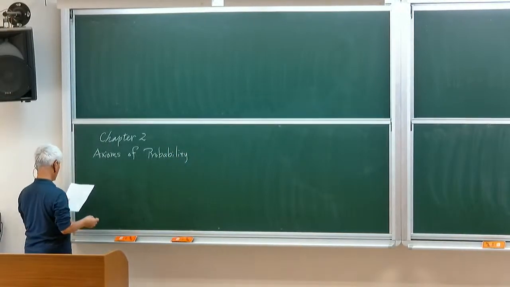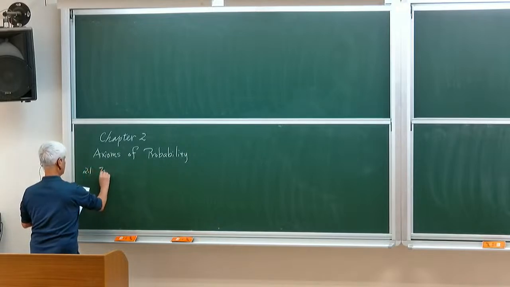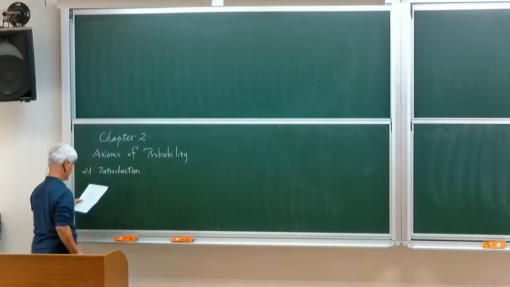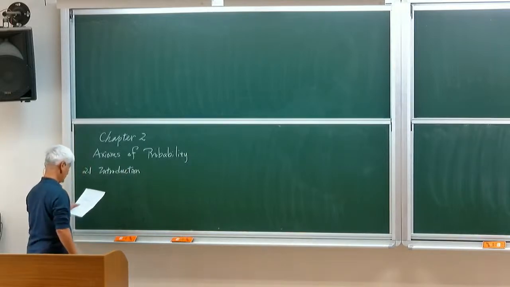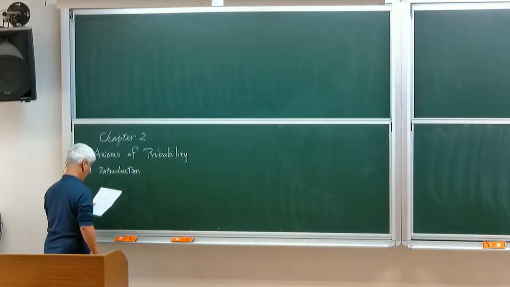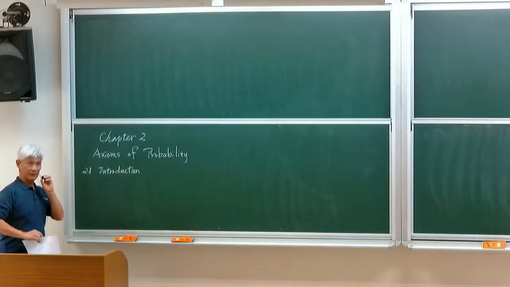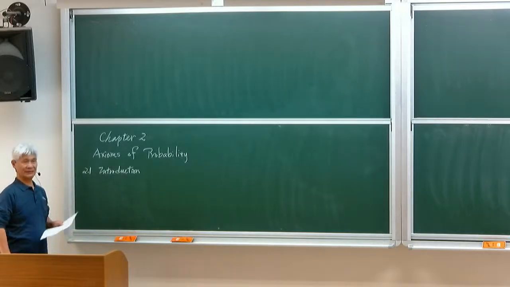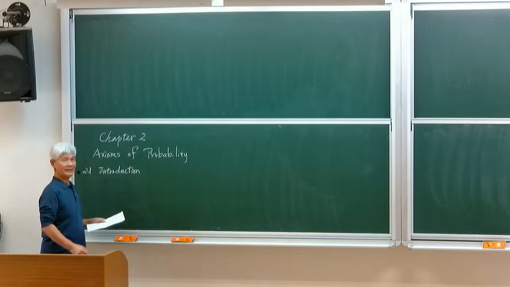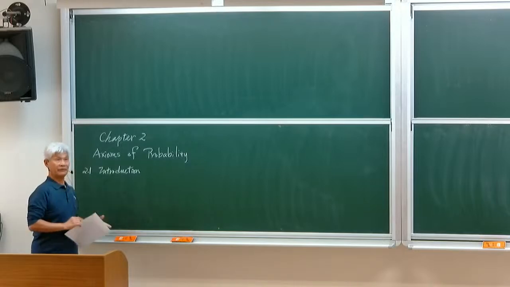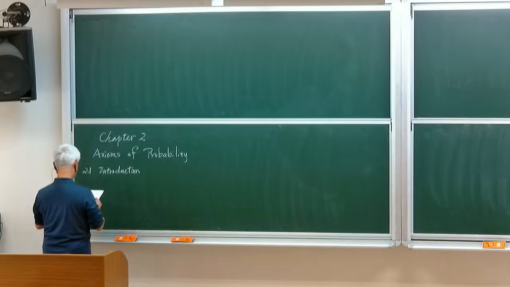All right, so this chapter is to demonstrate how to establish a logical structure of probabilistic reasoning. Okay, so basically we would like to lay out the foundation or the framework in the theory of probability.